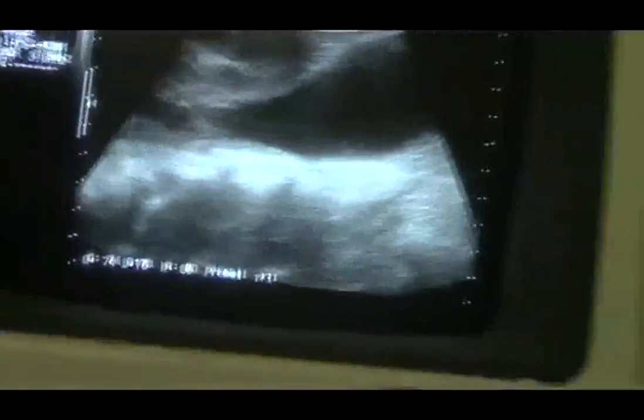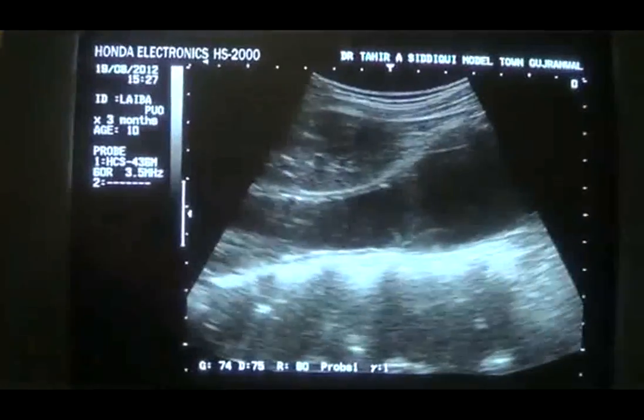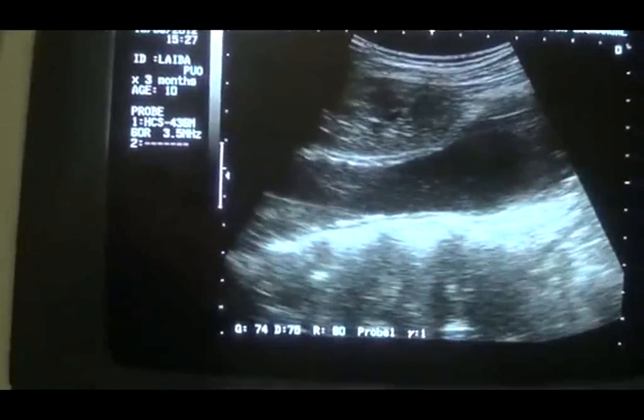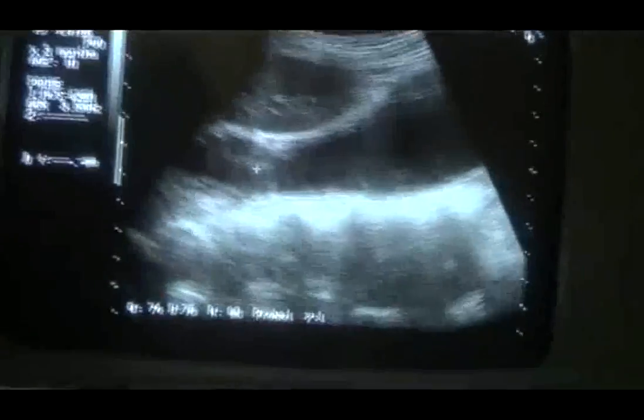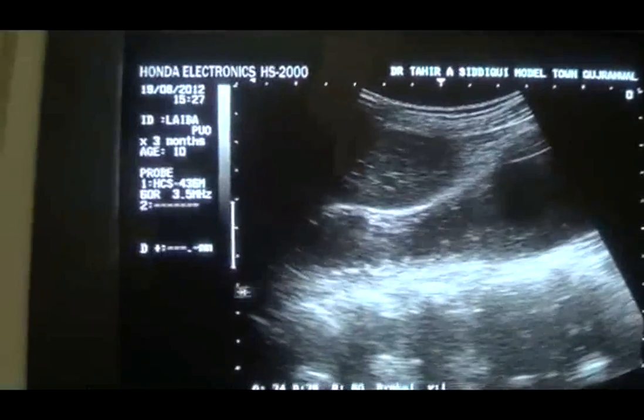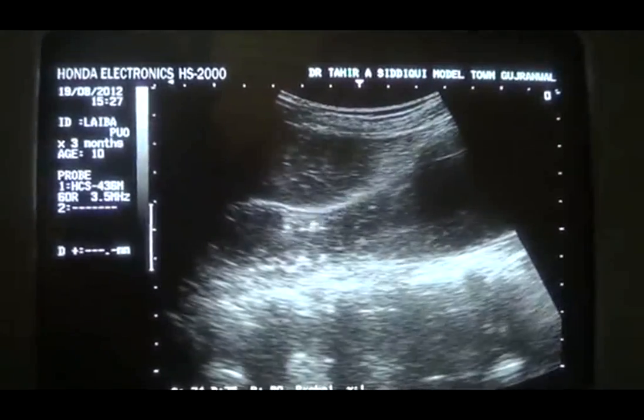That has made this cystic area sterile. Why? Because we are not seeing that many internal echoes or pus.